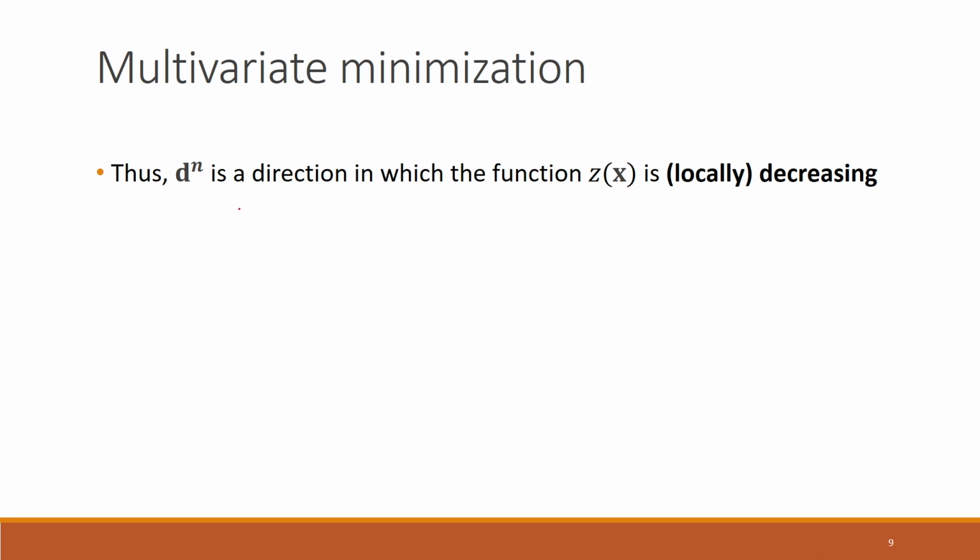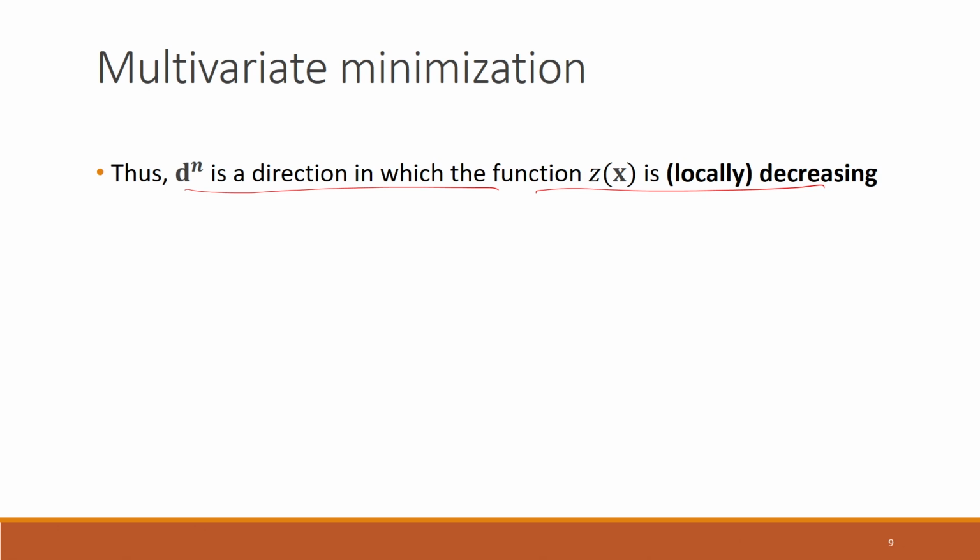So this direction d_n is the one in which the function z(x) is locally decreasing. Why are we writing locally in brackets?